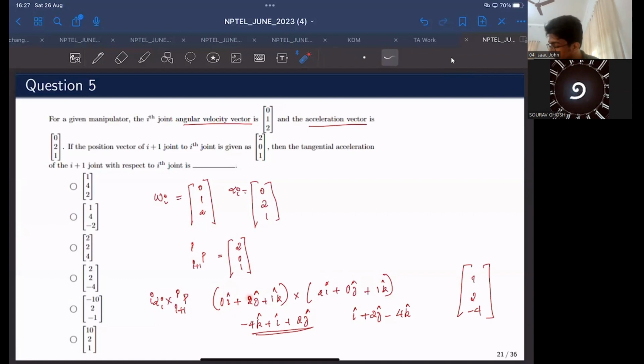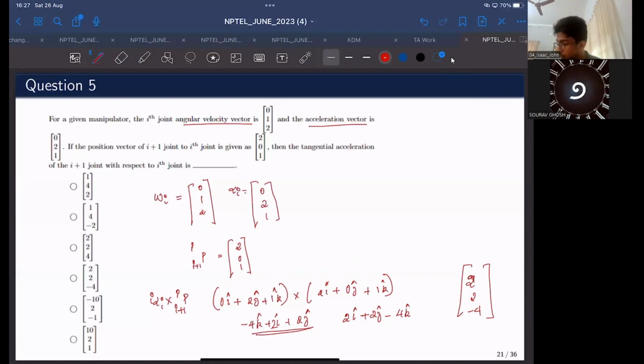So 2j cross 2i would be minus 4k. And this would be 0. And 2j cross 1k would be 2i. Yes, this would be 2i. Yes. So the answer is 2, 2, minus 4.